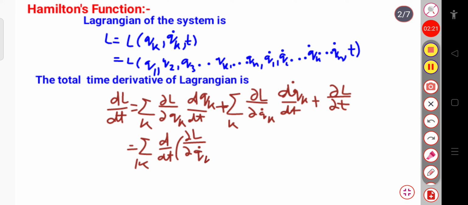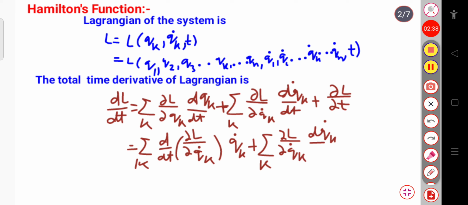And here this term dqk by dt is present, and for that I will write qk dot, plus sum over k, dou L by dou qk dot into dqk dot divided by dt, plus dou L by dou t.